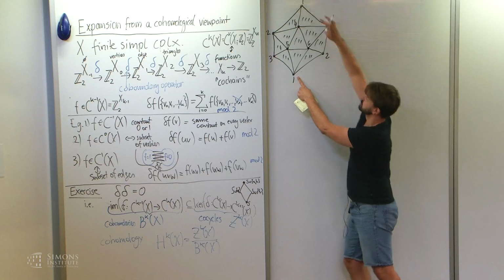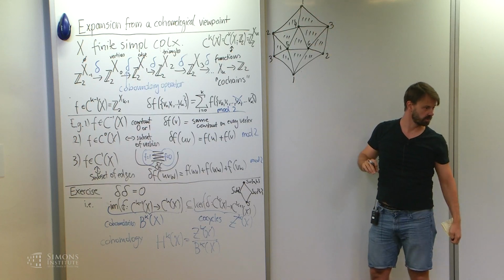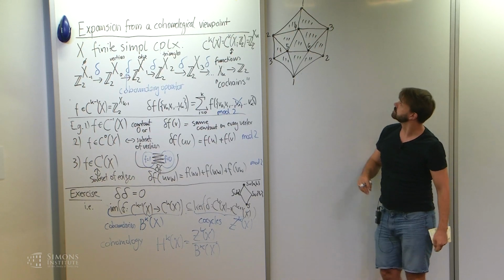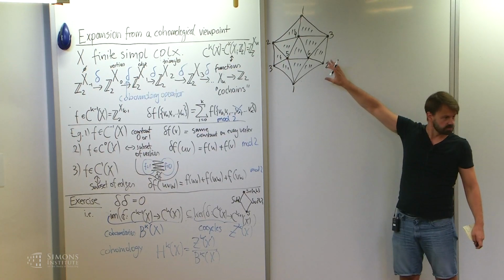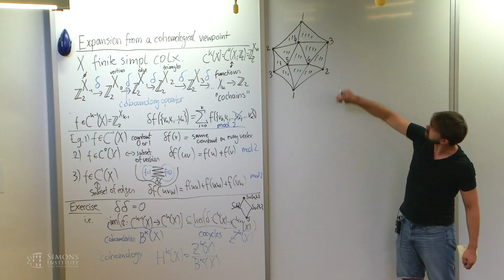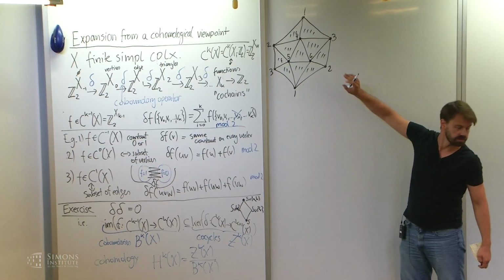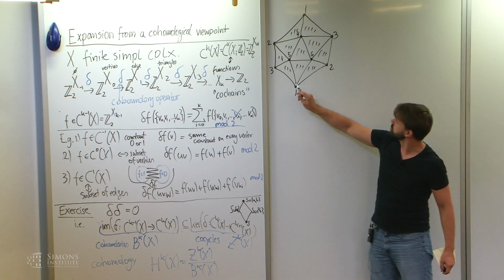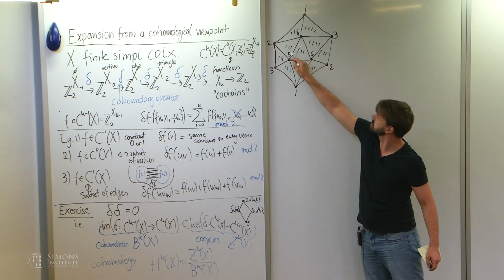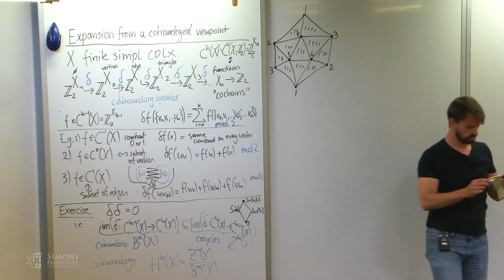So this is the same vertex as this. This is just an easier way of drawing the simplicial complex so that you can see what's going on. So this means that I have 6 vertices. If you check, you can easily see that I have all the 6 choose 2 edges, and I have 1, 2, 3, 4, 5, 6, 7, 8, 9, 10 triangles.